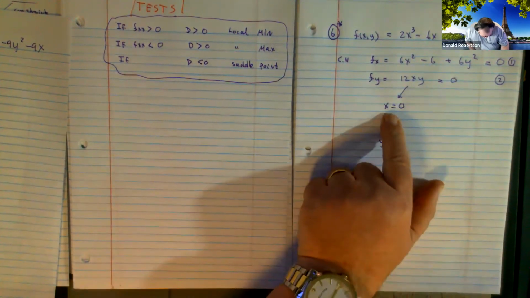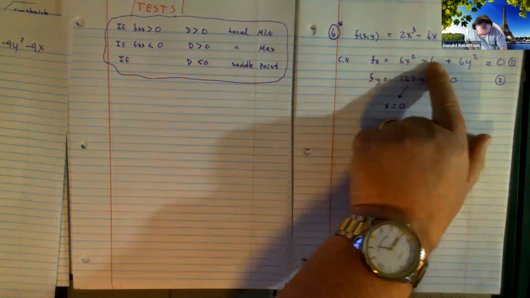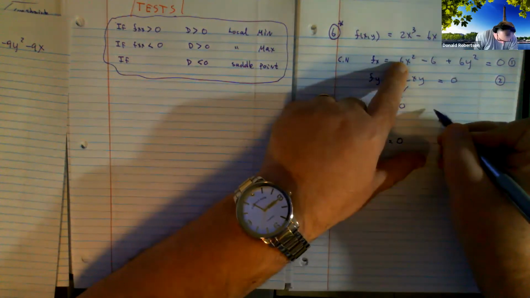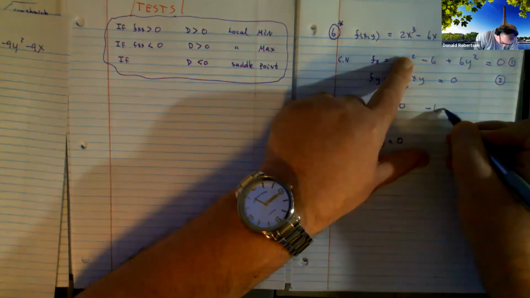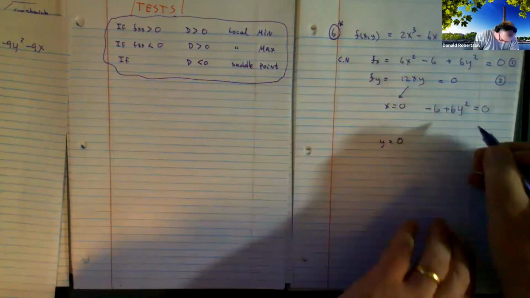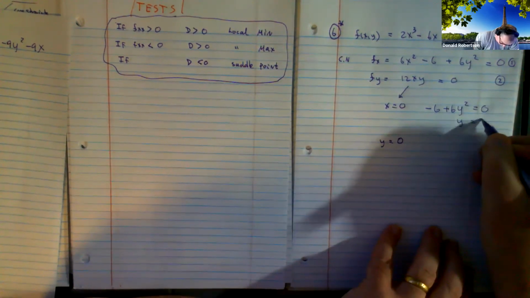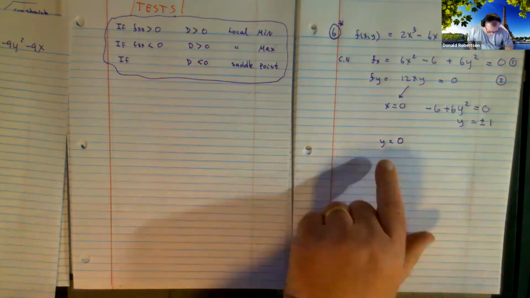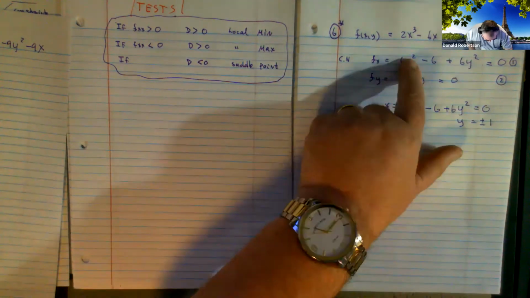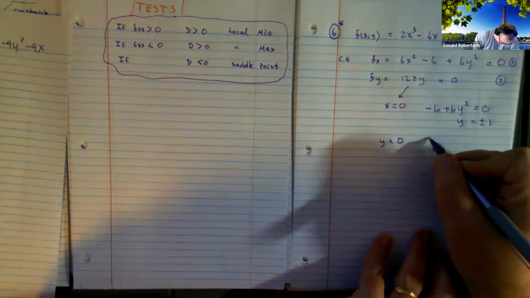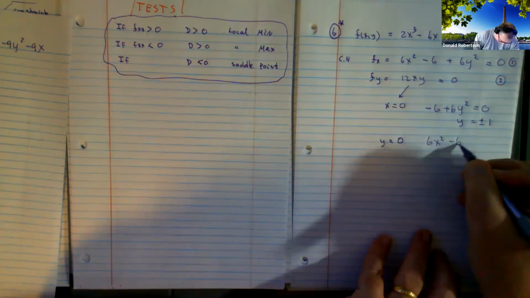Now, if x equals 0 and I plug it into here, I will get 6 lots of nothing squared, which is nothing. I will get -6 plus 6y squared equals 0. And since I don't have a lot of room, can I tell you that the answer to that is plus or minus 1? And if I plug y equals 0 into here, I get 6x squared take away 6 is 0.